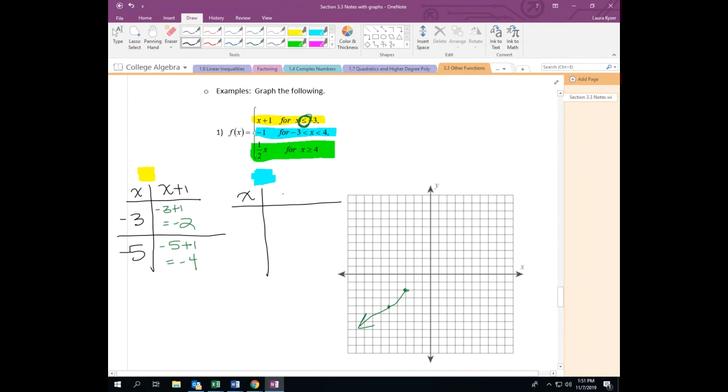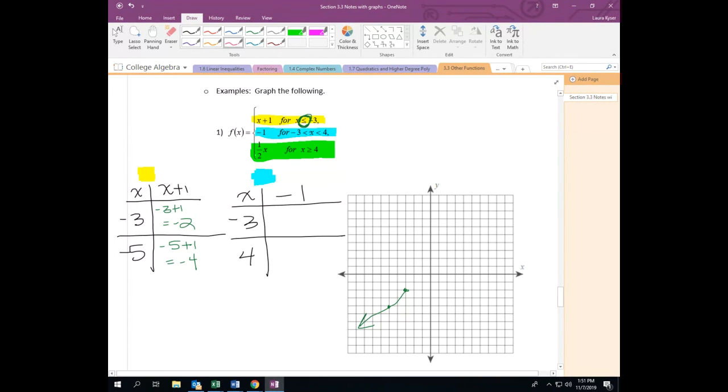The function for the blue part is -1. And we definitely want to use the -3 and the 4 for our table, because those are the endpoints for this particular piece. Now notice that each one of these points has a less than associated with it, which just means that we're not allowed to actually touch these points.